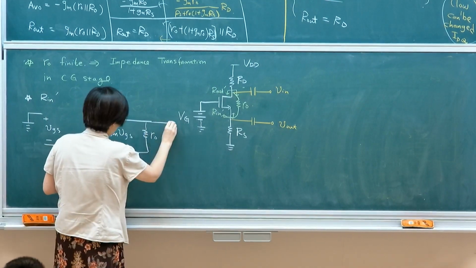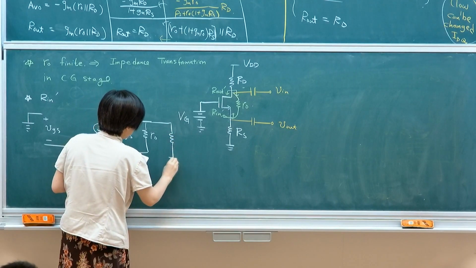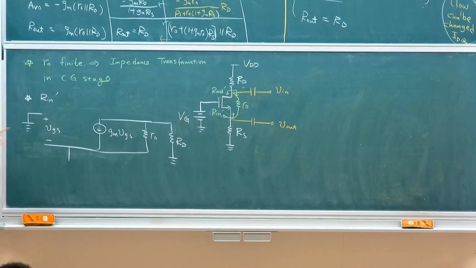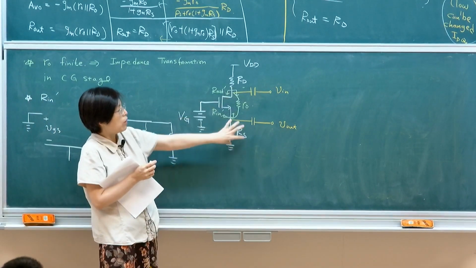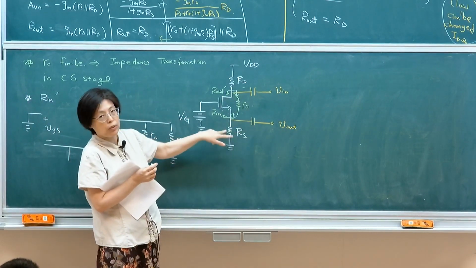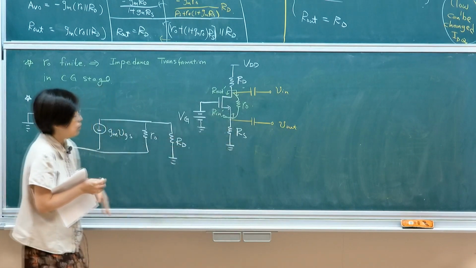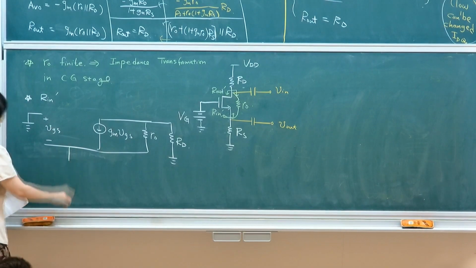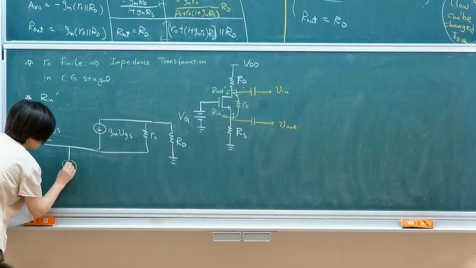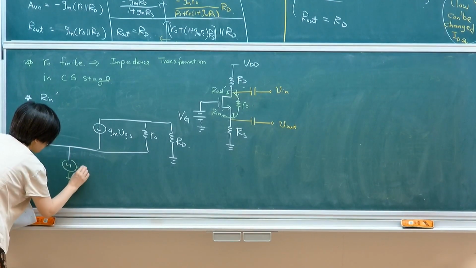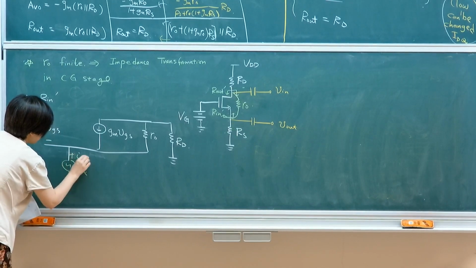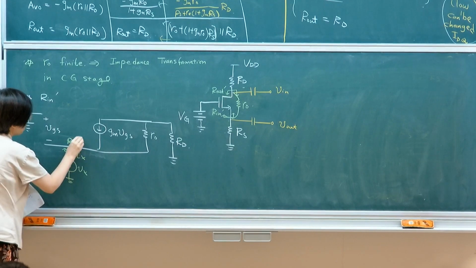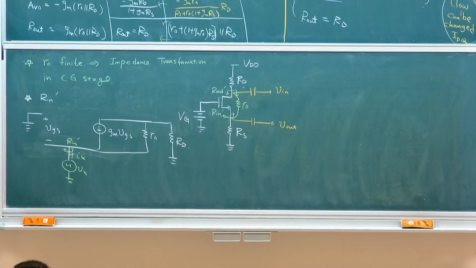RO, and it's connected to RD. So it's the green one. You're looking up from this terminal. If you're actually looking at the output, you have to include RS as well in parallel. So we're testing in from here, Vx, Ix, and this will give me R_in prime if I'm looking indirectly from the source.